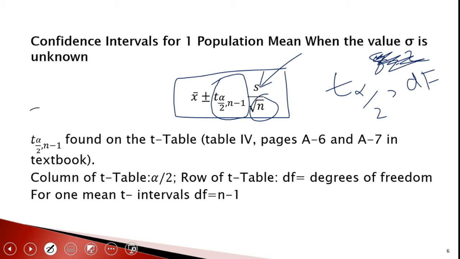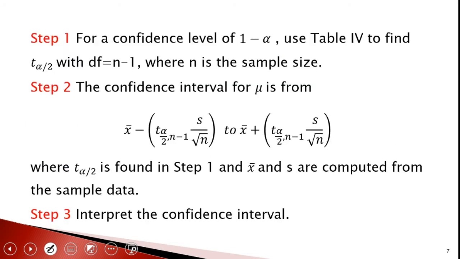As I mentioned, this t alpha over 2 comma degrees of freedom, which means n minus 1, can be found on the t table. You can find the t table, which is table 4 on pages A6 and A7 in your textbook. n minus 1 is the degrees of freedom, remember that. Still the same as chapter 8.2, what we have done, we have 3 steps to find the confidence interval.